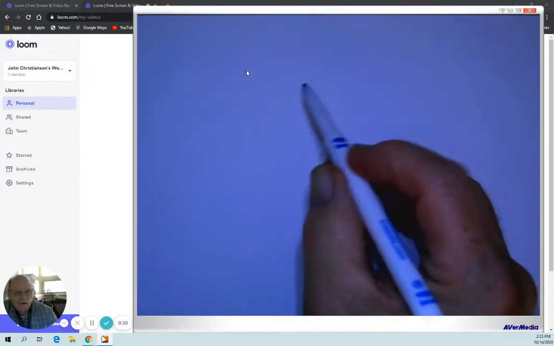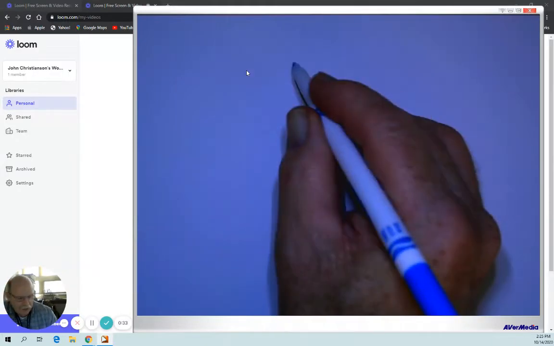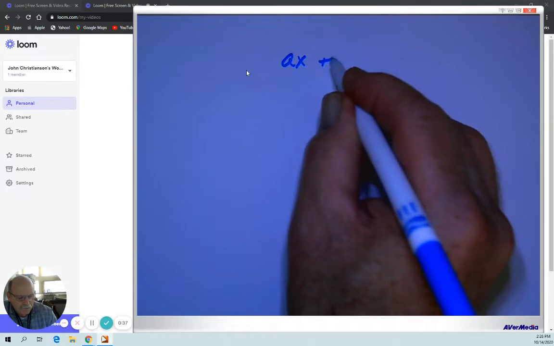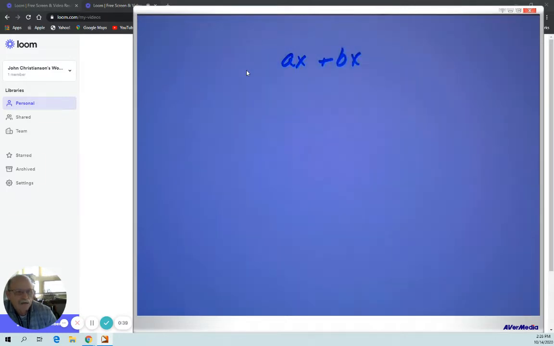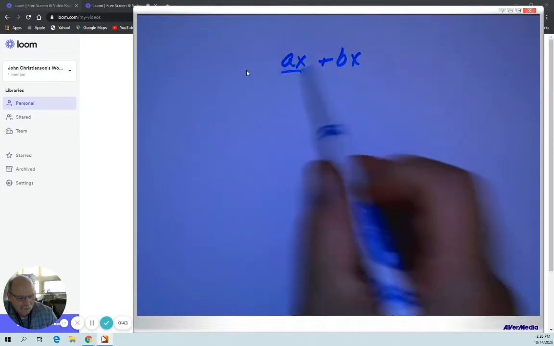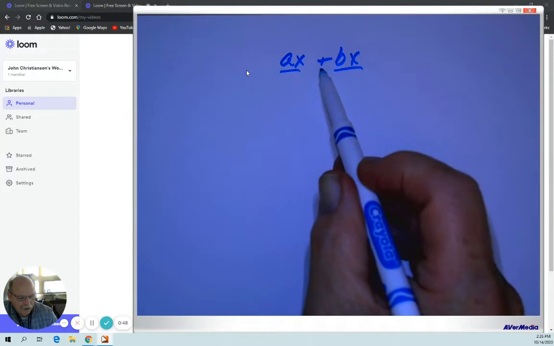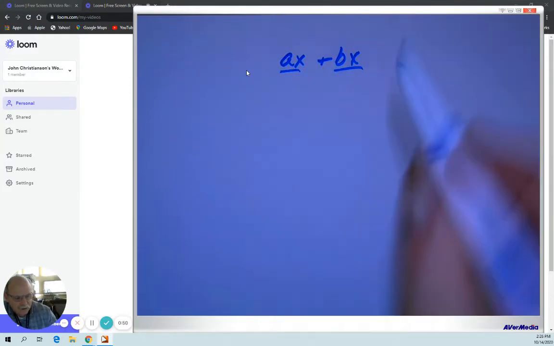So just as a reminder, we might have ax plus bx. This is a polynomial, and each of these is a term, and that's because terms are separated by addition and subtraction.